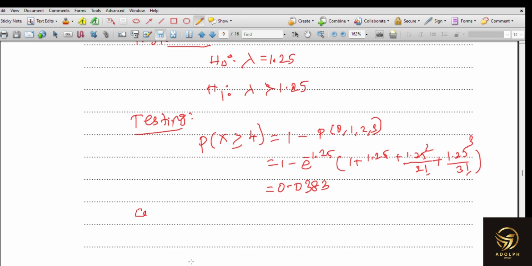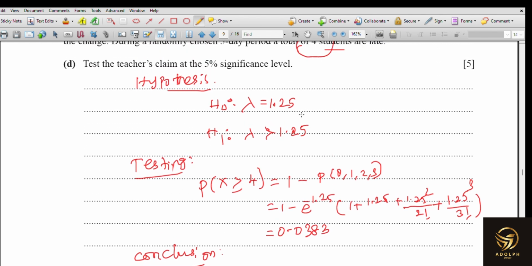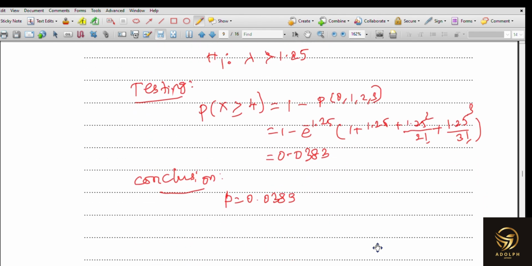Now we are going to the conclusion. We are getting the probability of 0.0383, and we should compare this with the 5% significance level. 5% is nothing but 0.05. The value is lesser. When the value is lesser, the test is passed. It means that the new claim is true.